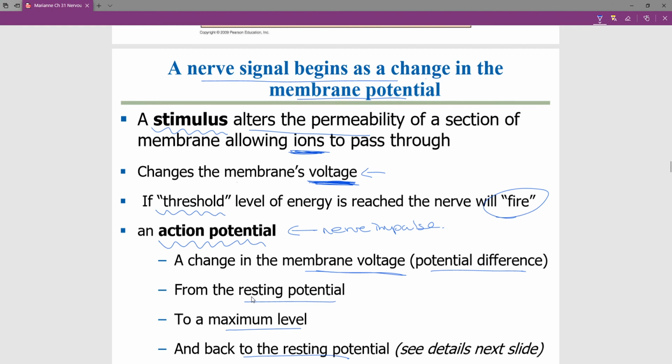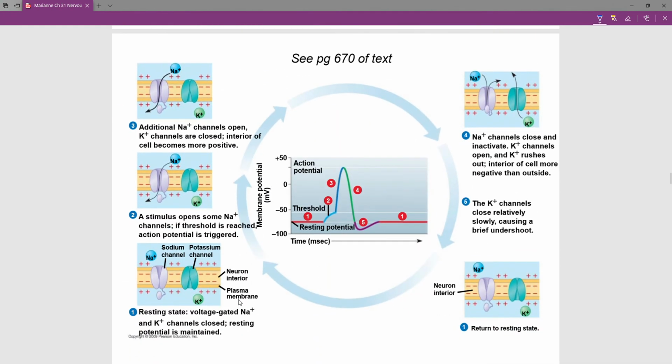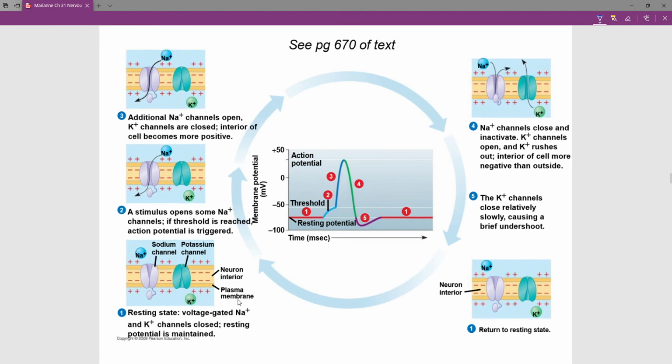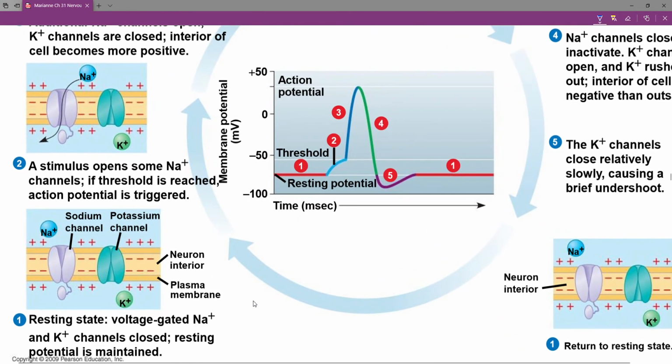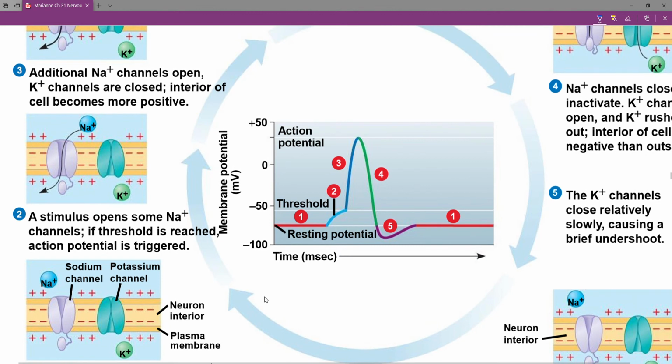So I really like the next slide because it has a graph in the center that I find really quite useful. I'm going to just zoom in on the graph here for a minute. On the side of this graph is the voltage, if you will, or the potential difference.